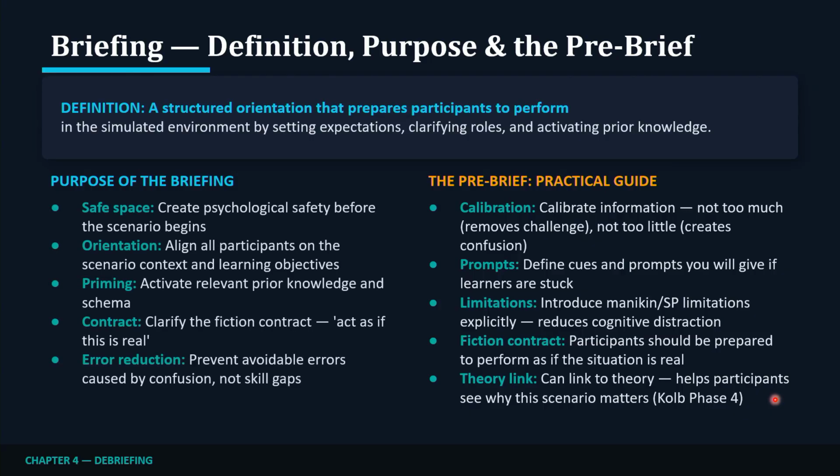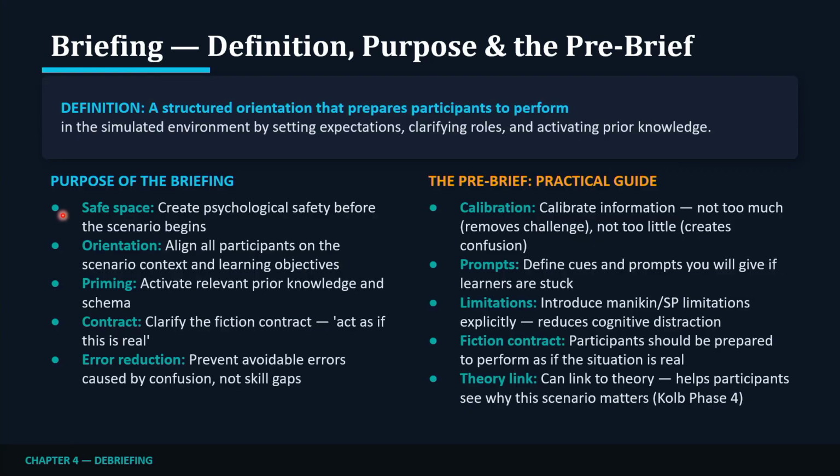So now let us see the purpose of the briefing. The purpose of the briefing is to provide a safe space by creating safety before the scenario begins. The second goal is to align all participants on the scenario context and briefing objectives.